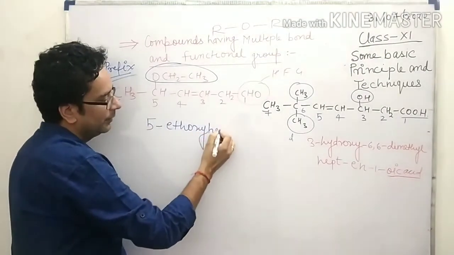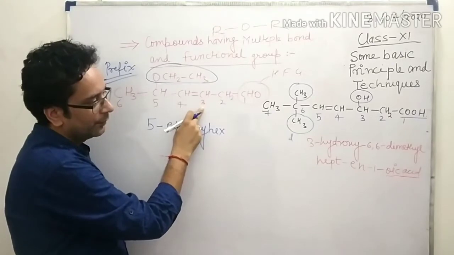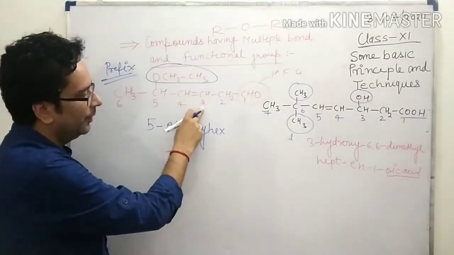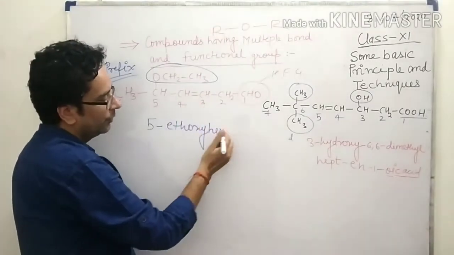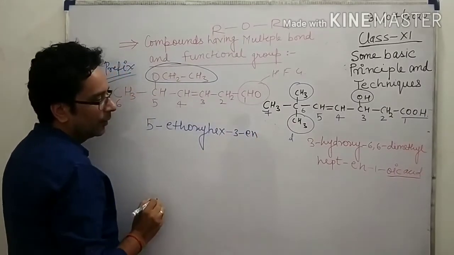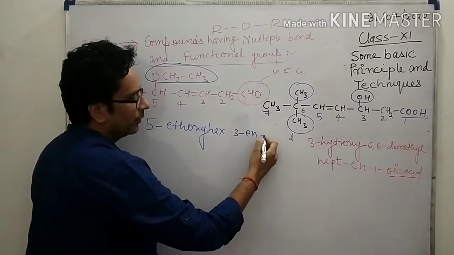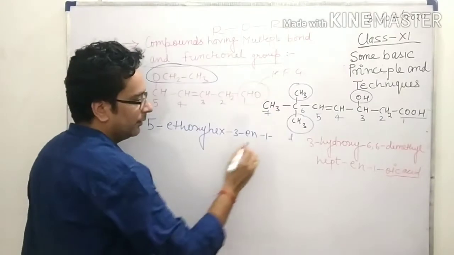So hex. Now look here, in the third carbon, the position of the double bond is 3. So hex-3-ene, not ene and e, only ene. Then 1, and for aldehyde we use al.